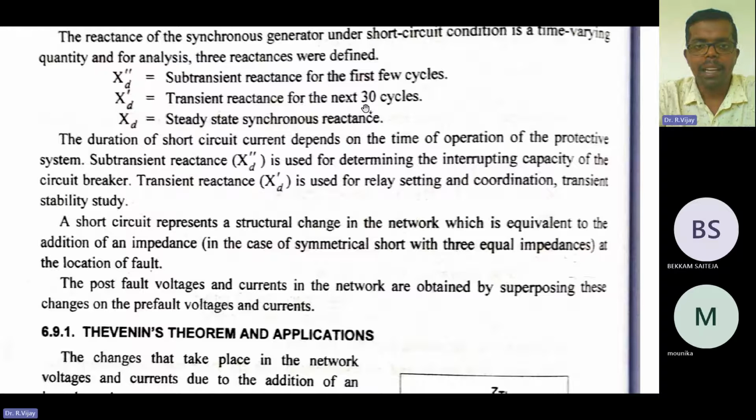Transient means some sudden induced current or voltage. Say, for example, lightning. Lightning may also occur for just a few cycles, and few cycles means some 30 cycles. In a substation, they can monitor this transient on a particular line.